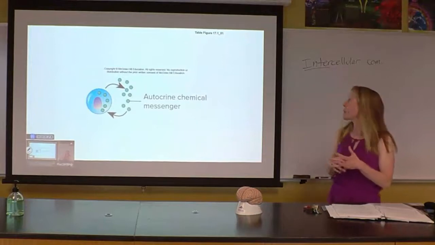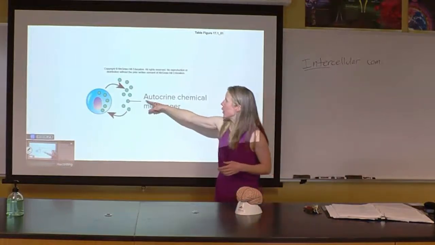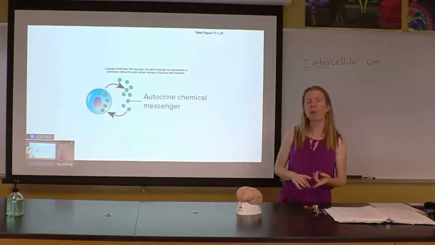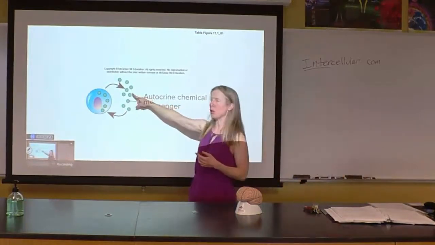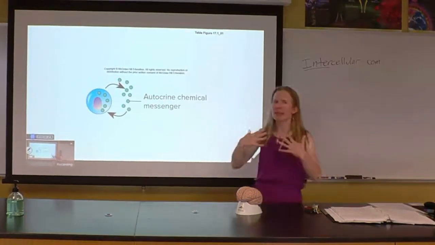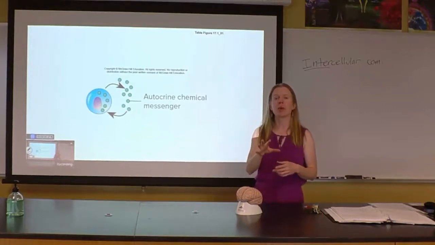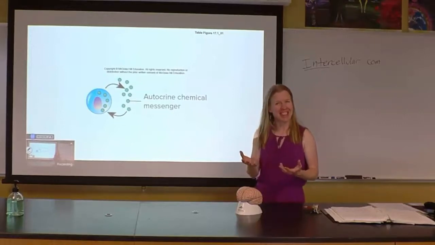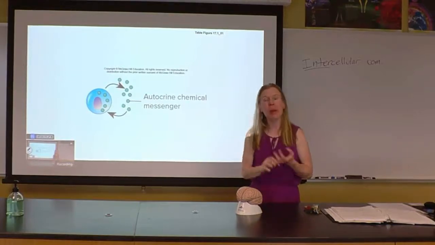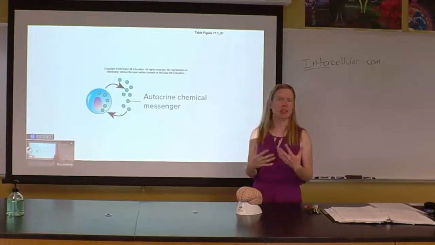Okay, so when we talk about this cellular communication that's called autocrine, auto should be your big clue that this is kind of self-communication. What we're looking at here is that cells are producing a chemical that's going to stimulate cells of the same type. Not necessarily the same cell, but of the same type. So one of the classic examples is when helper T cells put out chemicals that tell things like cytotoxic T cells and B cells, they're all lymphocytes, to go ahead and replicate and become more active to fight infection.